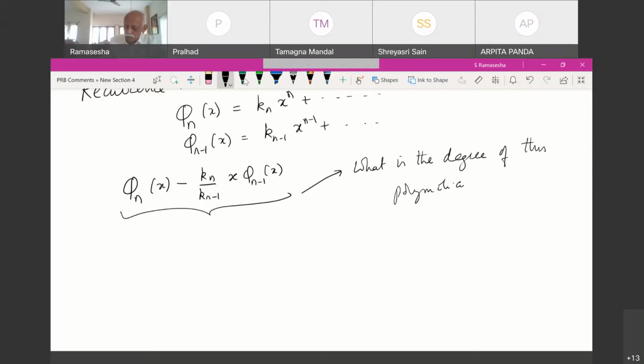So what are the coefficients? Does x P(n-1)(x) have a coefficient for the exponent? Do you have a coefficient corresponding to x to the power n? How does x P(n-1) go?